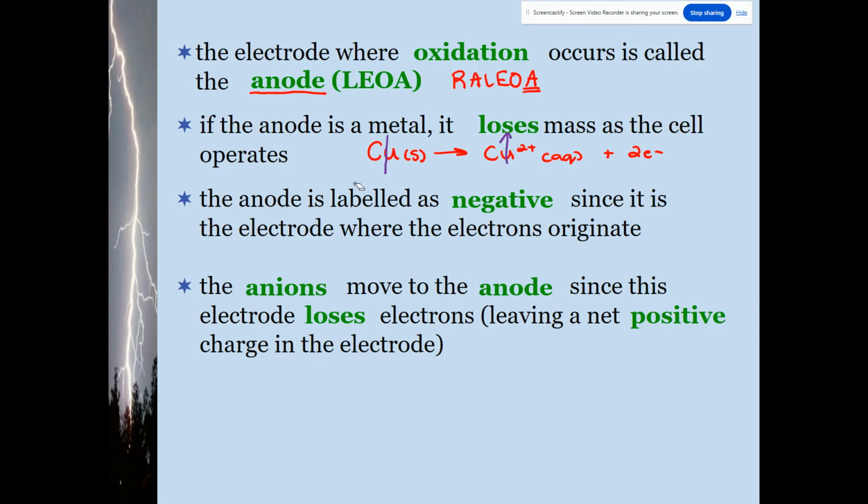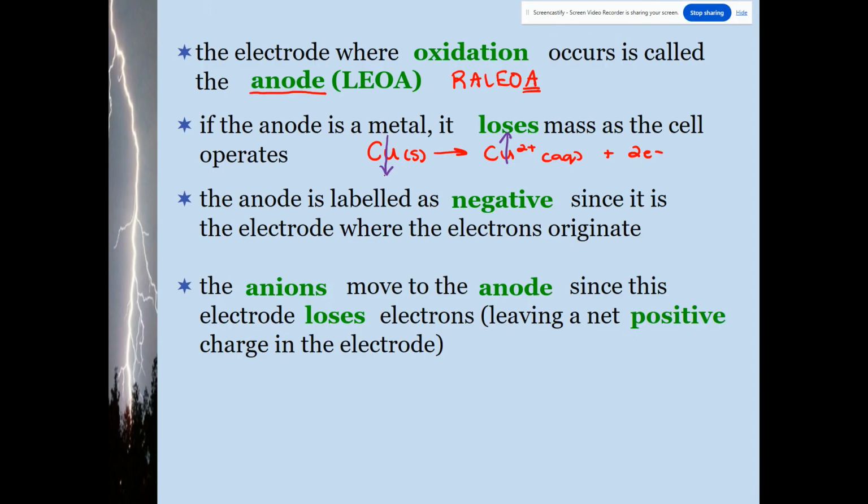So if your anode is a metal that's actually reacting like copper, losing electrons, the copper metal is going to start to lose mass. It's going to get smaller and smaller as it reacts. But the concentration of the copper ions being produced is going to increase.